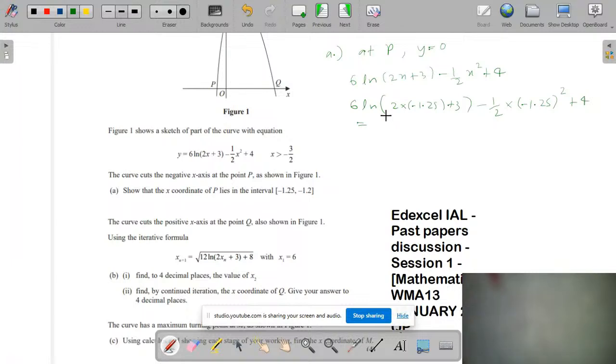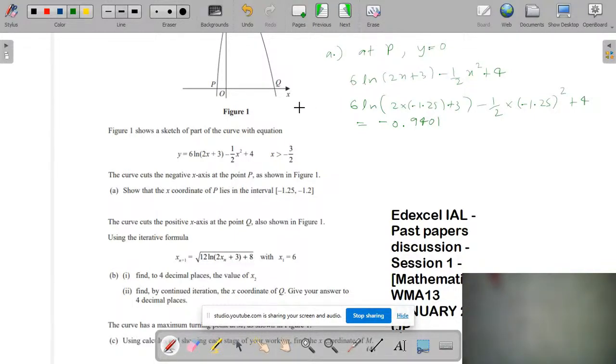So I'll type it and see. 6 ln(2 into minus 1.25 plus 3) minus half into minus 1.25 squared plus 4. So I get negative 0.9401 for 4 decimal places.